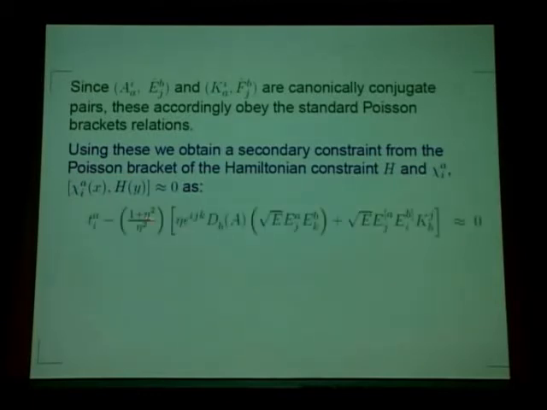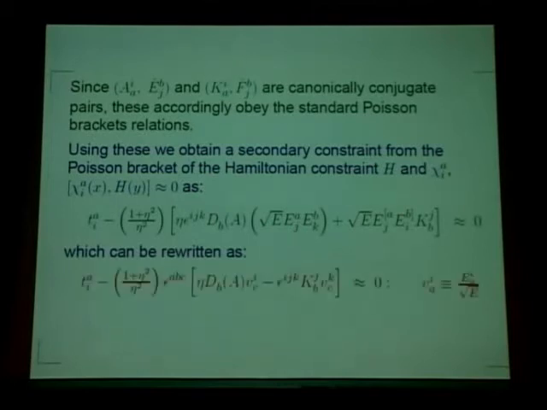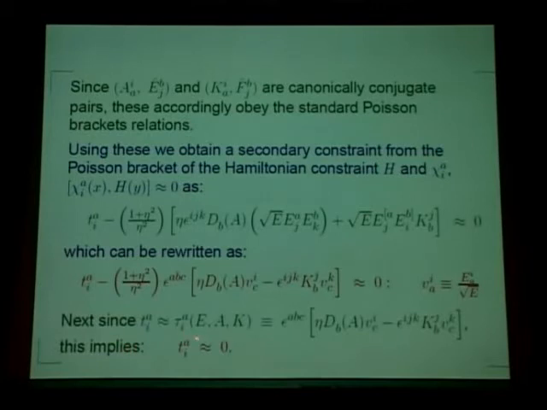And that second class, secondary constraint is that T^A is an expression of this kind in terms of the basic fields E's and K and A. This can be rewritten in a form, and recall that T^A itself was not an independent field, but was given by a specific combination of this kind, which is the same as this.